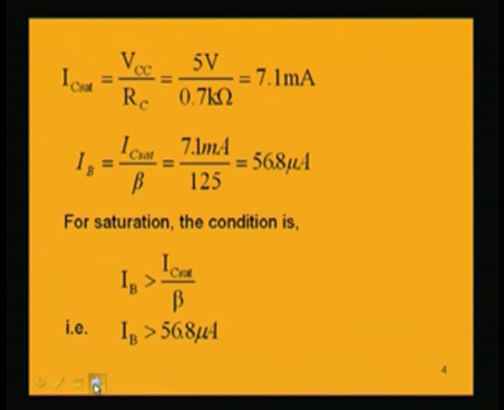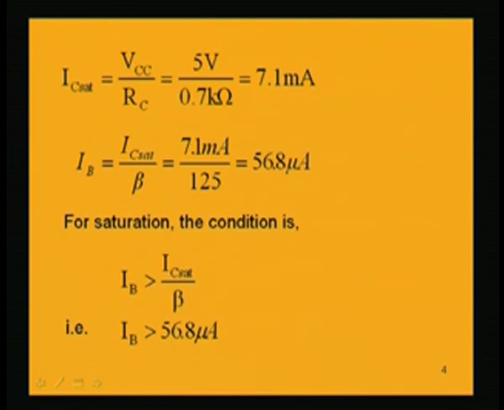The current that flows in the circuit under saturation condition is IC saturation, which is 7.1 milliampere, the maximum value of the collector current under saturation. Correspondingly, the value of the base current will be IC by beta: 7.1 milliampere divided by, for this particular example, beta of 125.